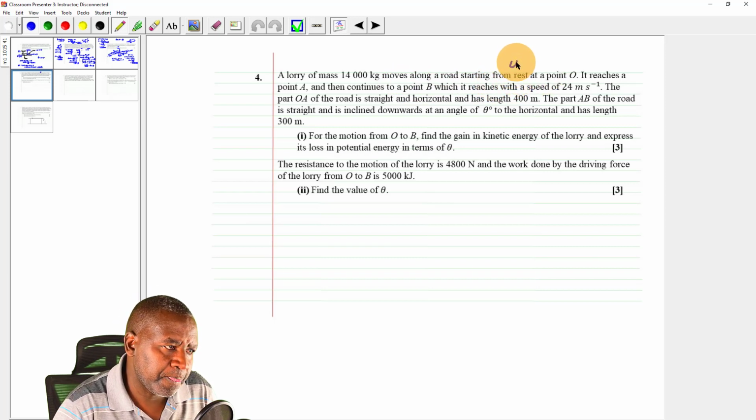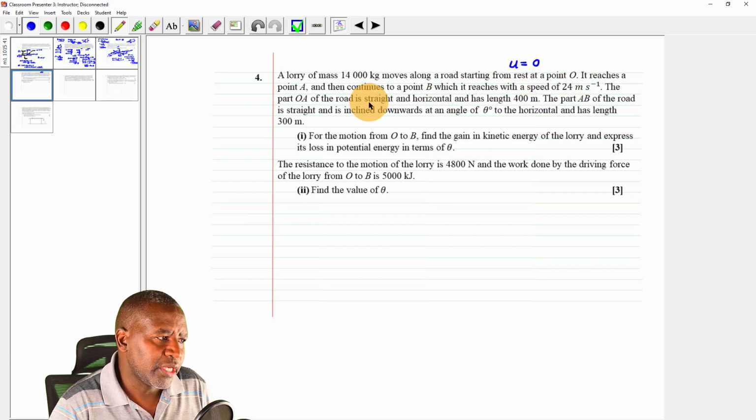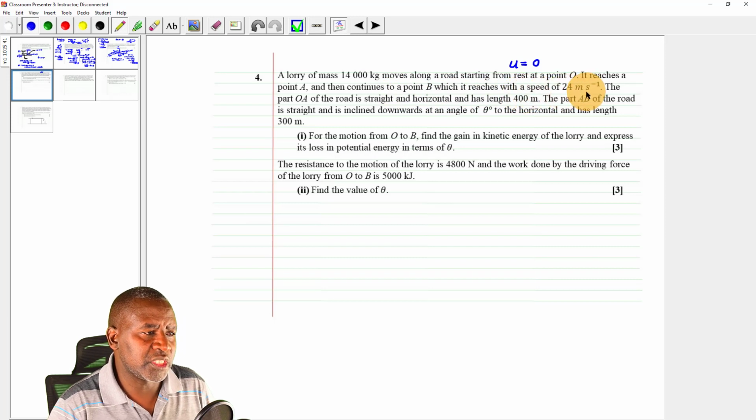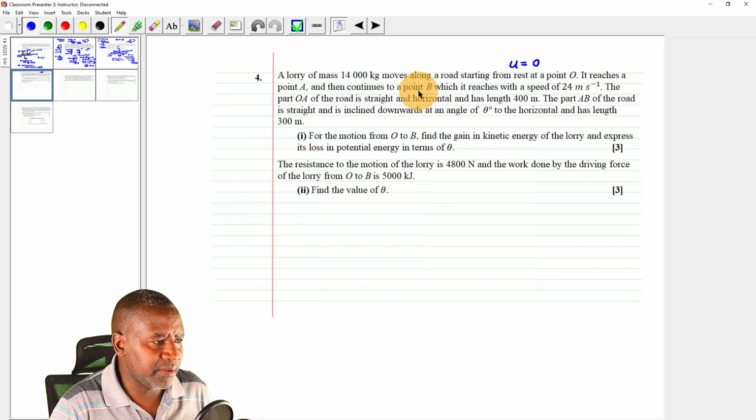So that tells us the initial velocity is 0. At a point O, it reaches point A and then continues to point B, which it reaches with a speed of 24 meters per second. So we know the speed at point B is 24 meters per second.